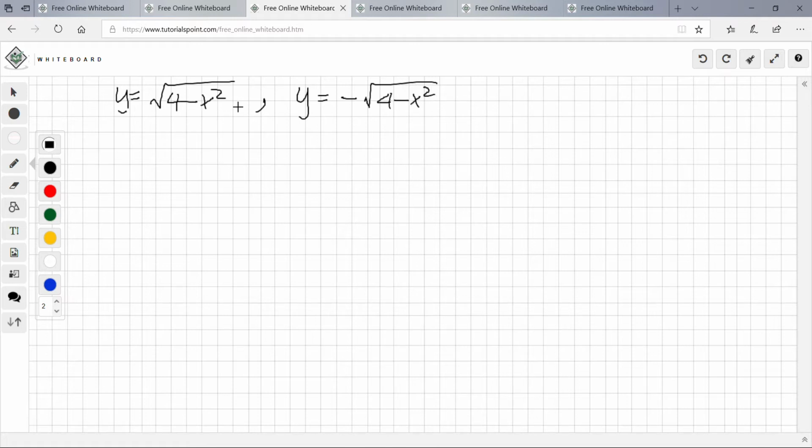Okay, so I'm looking at this graph, and I know it's a semicircle. If you don't know, please review your circles and semicircles graphs. So I know this is a semicircle, and it has a radius not of 4, but of 2. So it will look something like this.